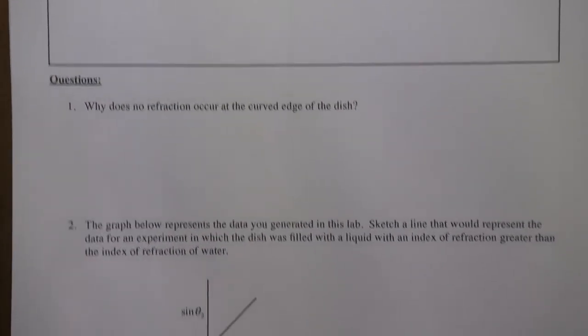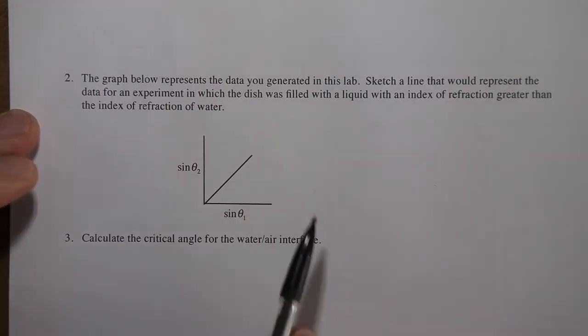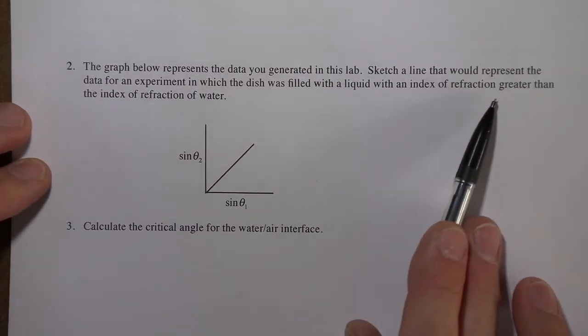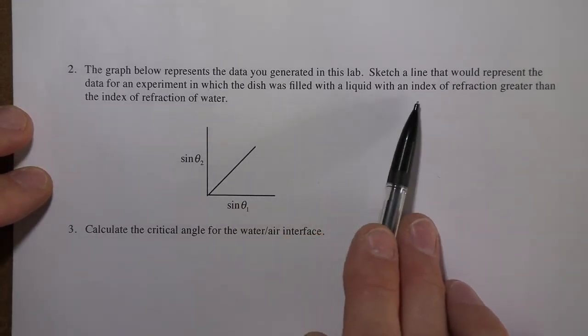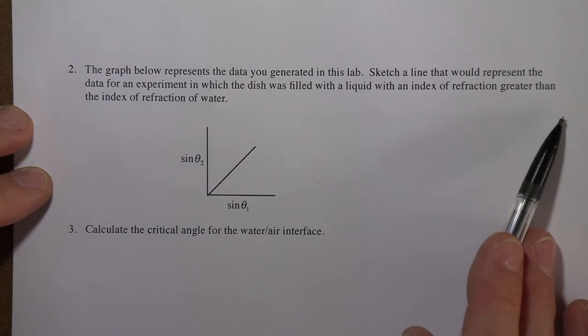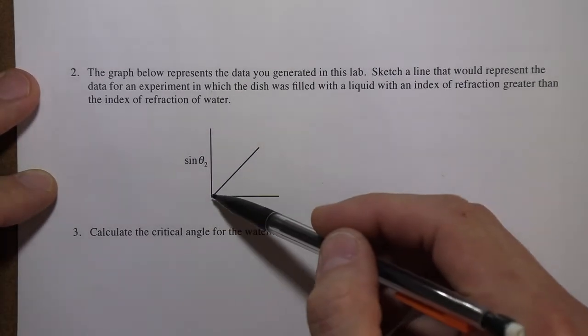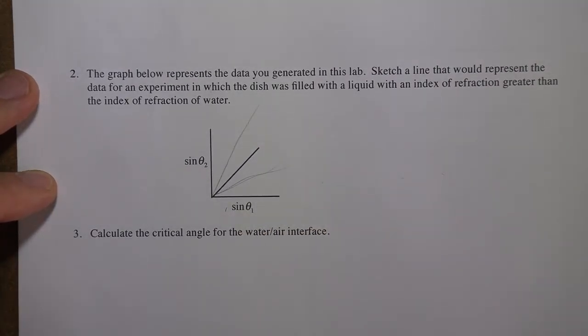Okay, the next thing. The graph below shows the experiment's data you generated in this lab. Sketch a line that would represent the data for an experiment in which the dish was filled with a liquid with an index of refraction greater than the index of water. So to answer this, it's going to be like this or like this, one or the other, a straight line.